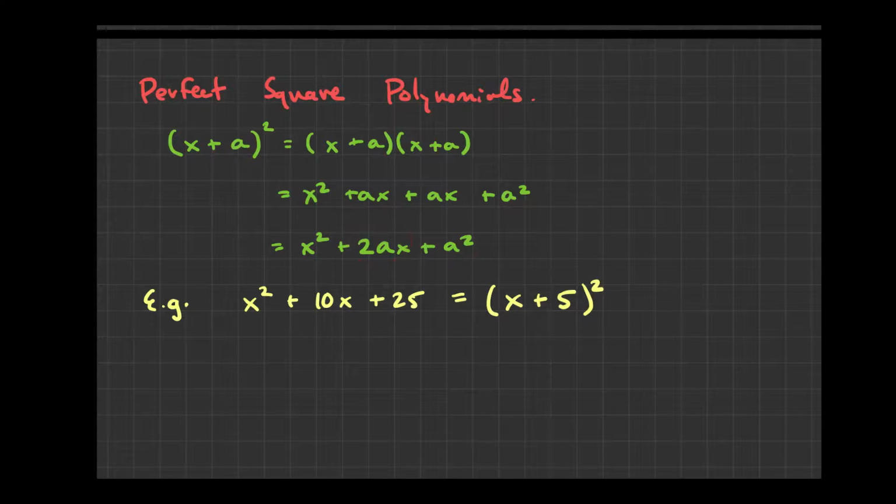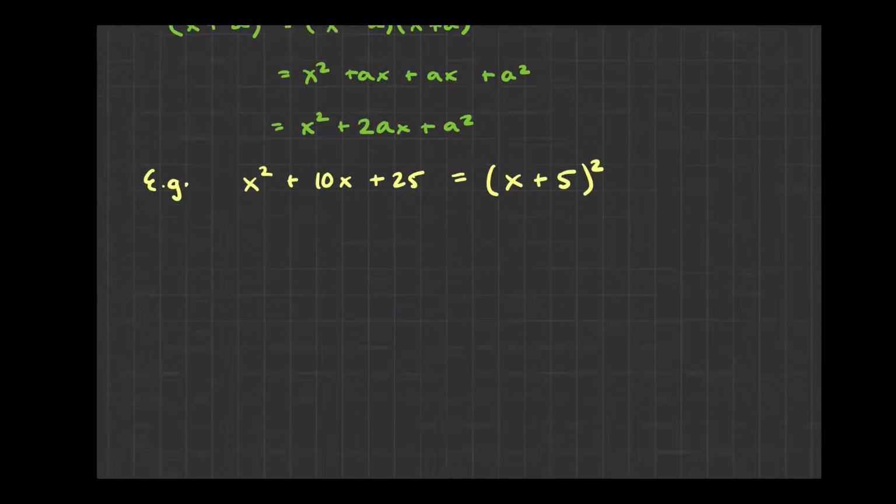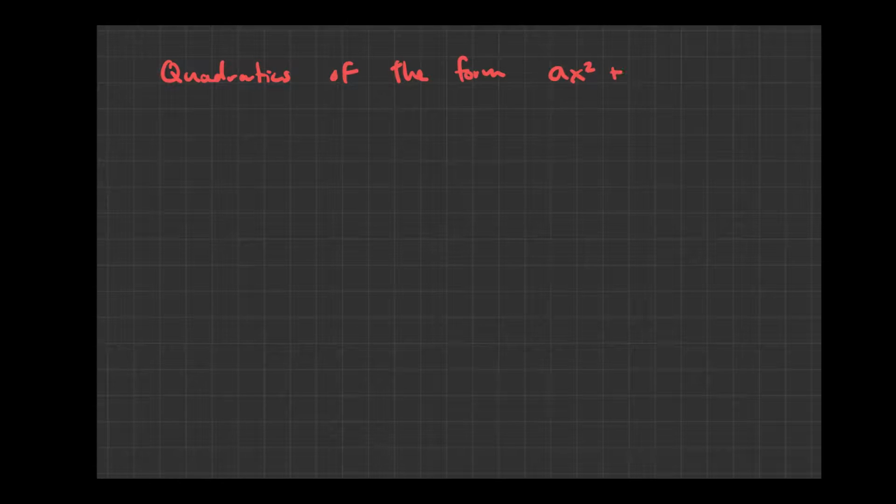There's just one more form of quadratic that I want to talk about today, and then we'll have some time to work. So let's talk about quadratics of the form ax squared plus bx plus c.